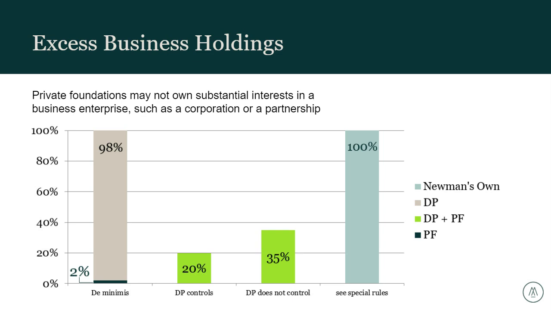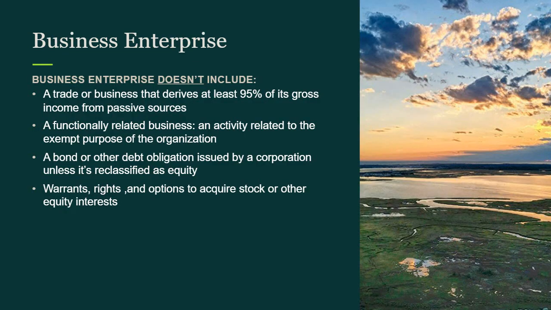And so going over the definition of what business enterprise does not include. So a trade or business that derives at least 95% of its gross income from passive sources. So a great example of that is an investment in a real estate partnership, right? It's a rental business. It's completely passive.